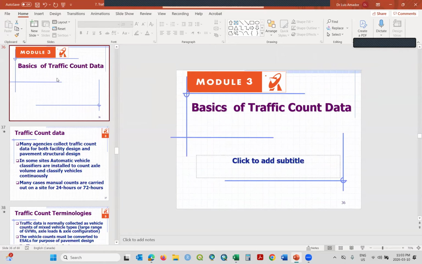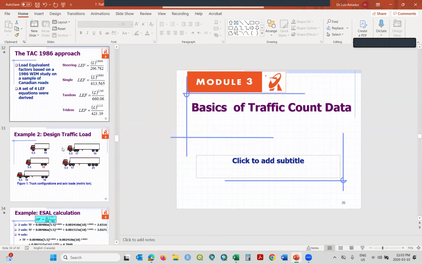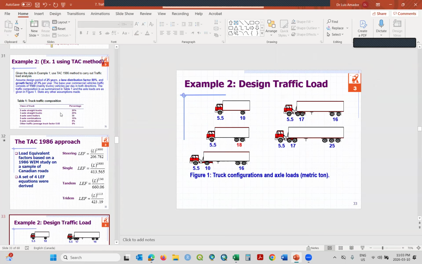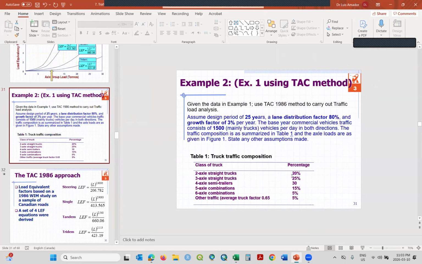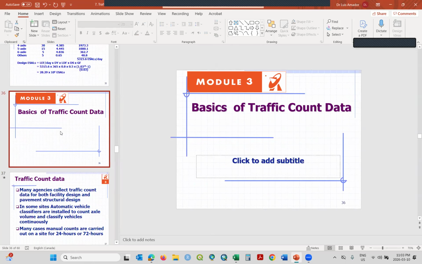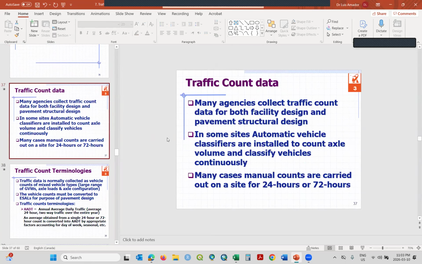Okay, so all this information that we have seen so far, where we are given the trucks and we know what the loads are and what these percentages are, and we know what the growth factor is, and all these things, they come from traffic count data.